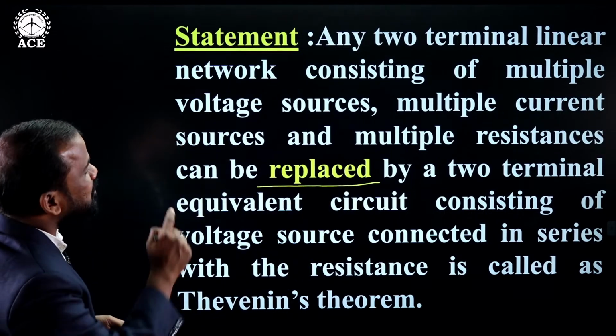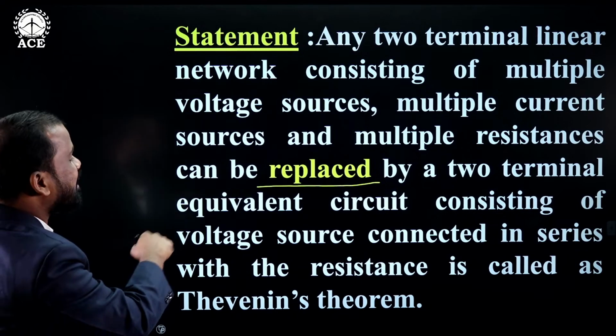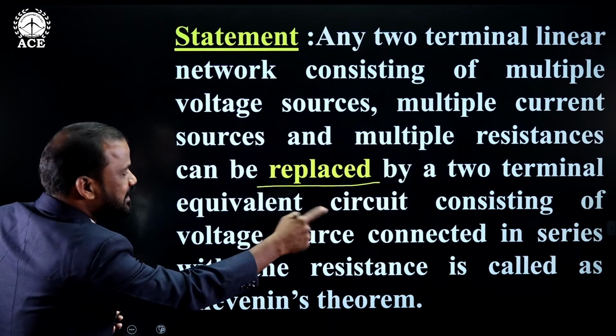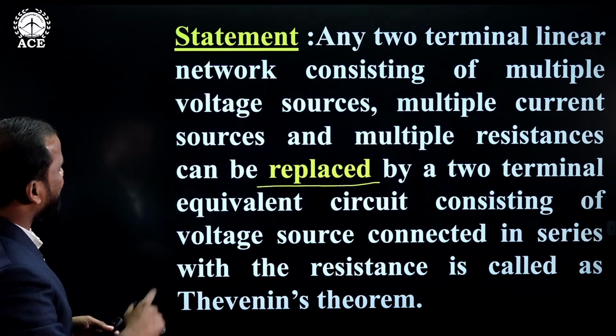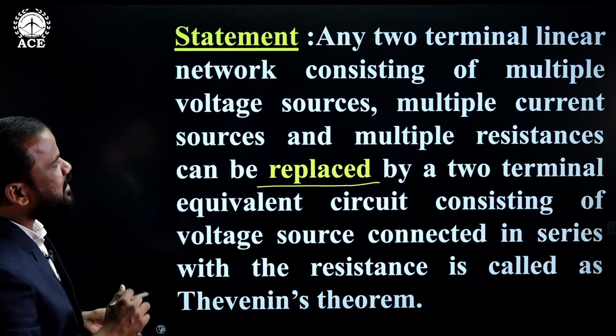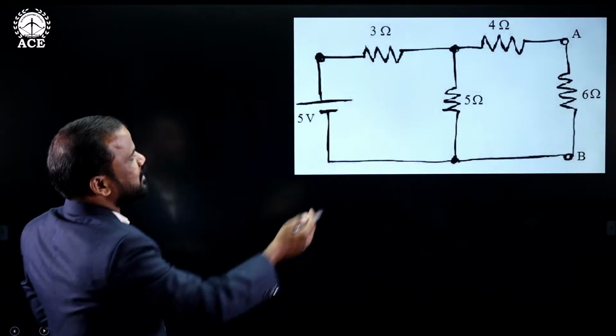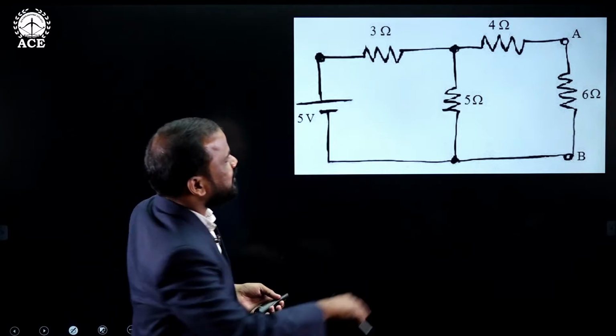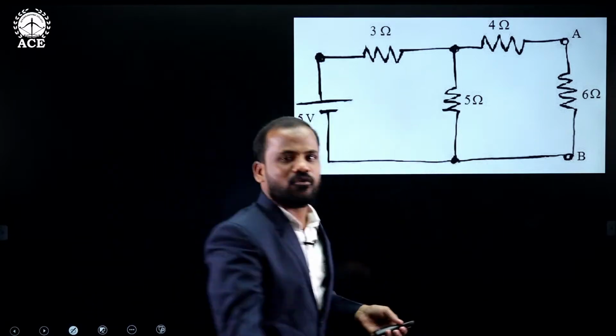It can be replaced by a two-terminal equivalent circuit consisting of a voltage source connected in series with a resistance, and this is called Thevenin's theorem. As per this statement, I can directly say that this is the given network. We identified that this 6 ohm resistance is the load resistance.